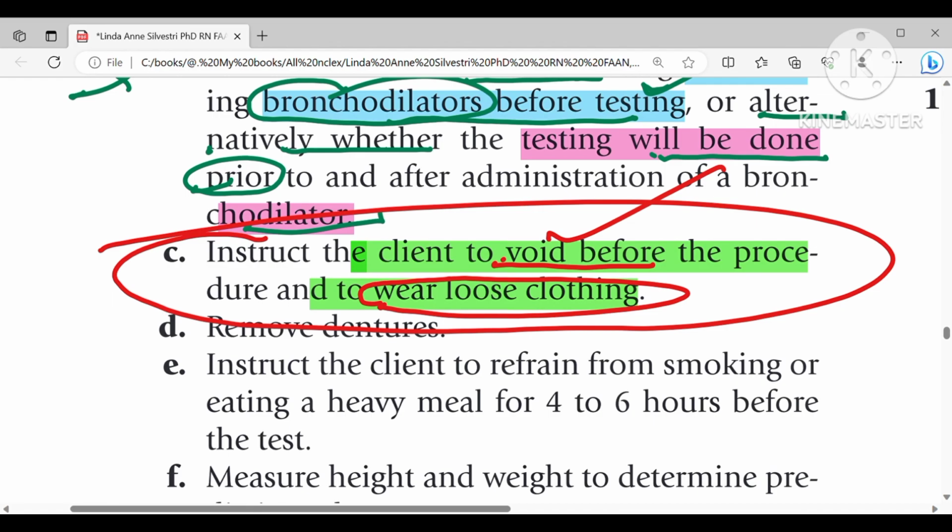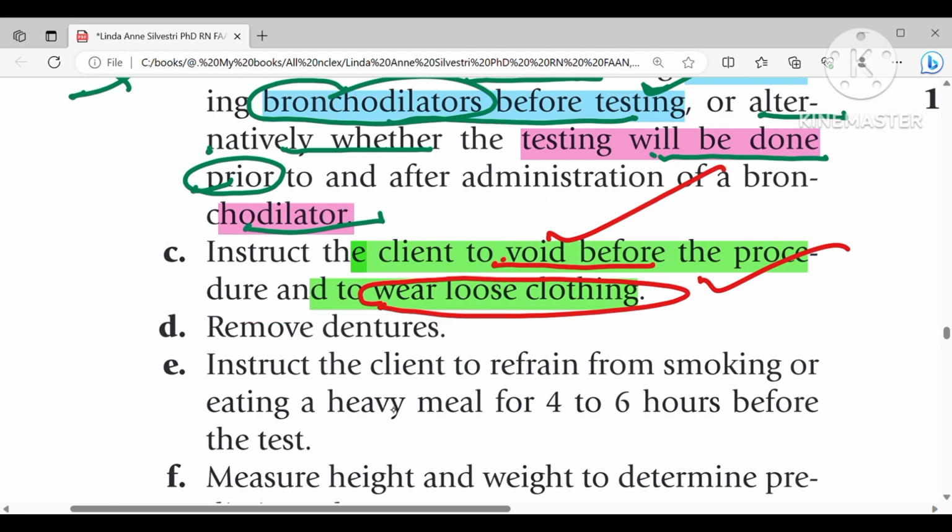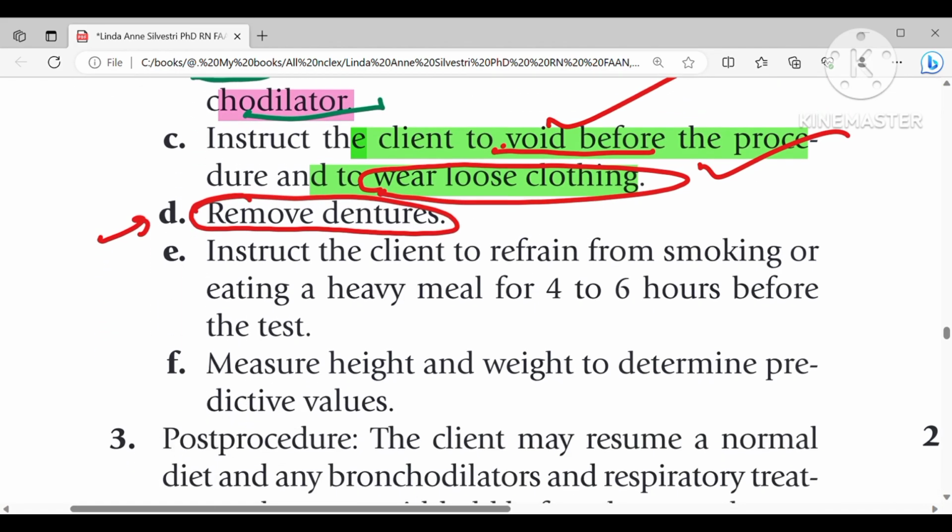This is also very important. Then next one is remove dentures. Any patient who has dentures should remove them.